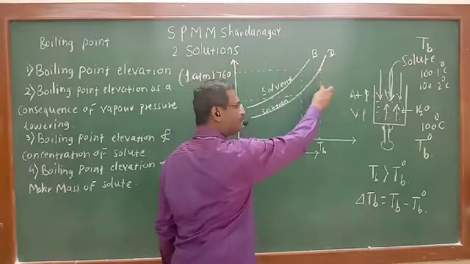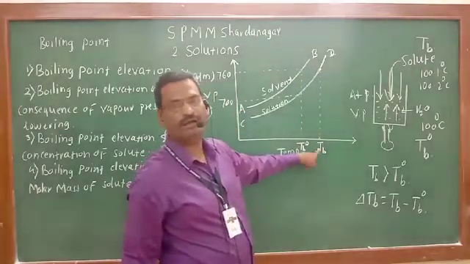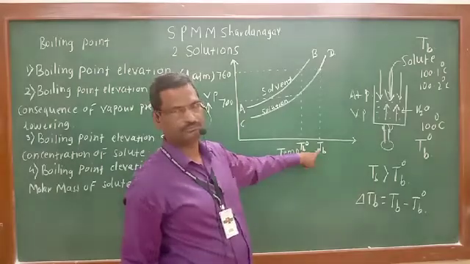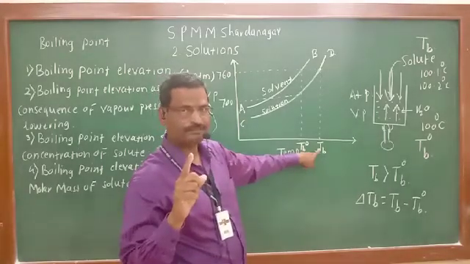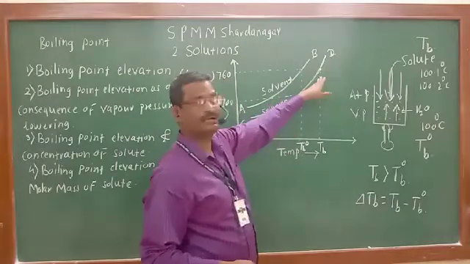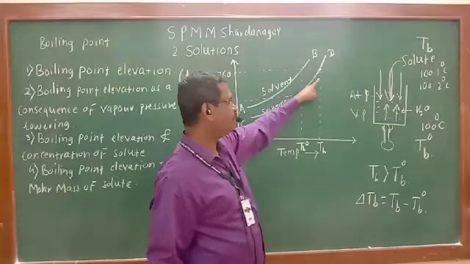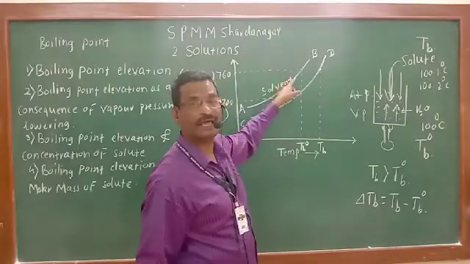And at that time, the temperature TB is known as the boiling point of the solution. It means that we have to heat the solution to a higher temperature in order to obtain the boiling point of the solution as compared with the solvent.